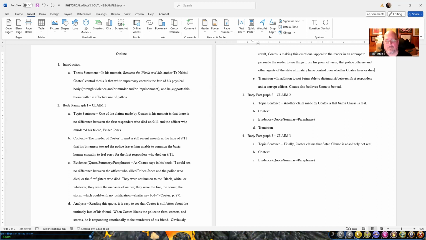I'm going to leave it at that. The other point I would make is whether or not he is able to walk around free or whether or not he's in prison. But again, I don't have to make that point right now because this is just the outline and this is like the rough draft.